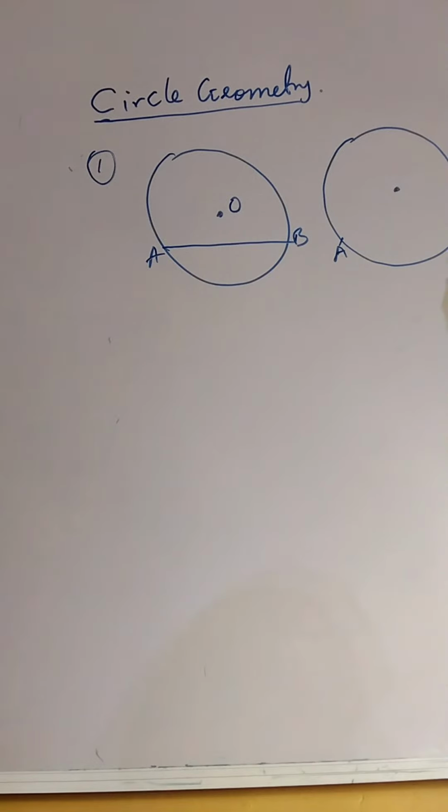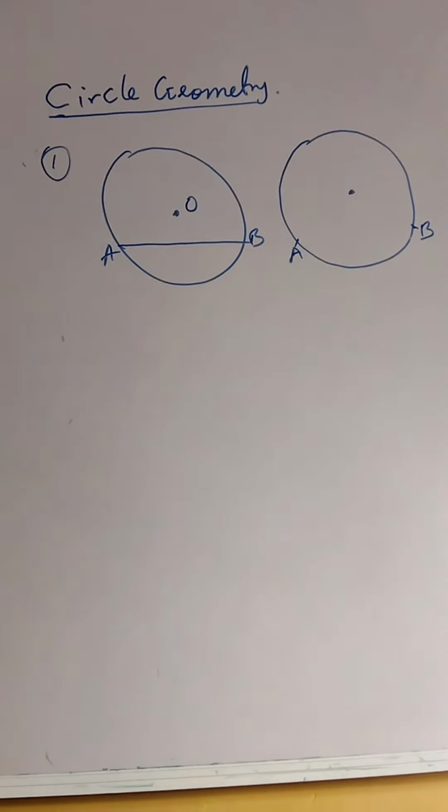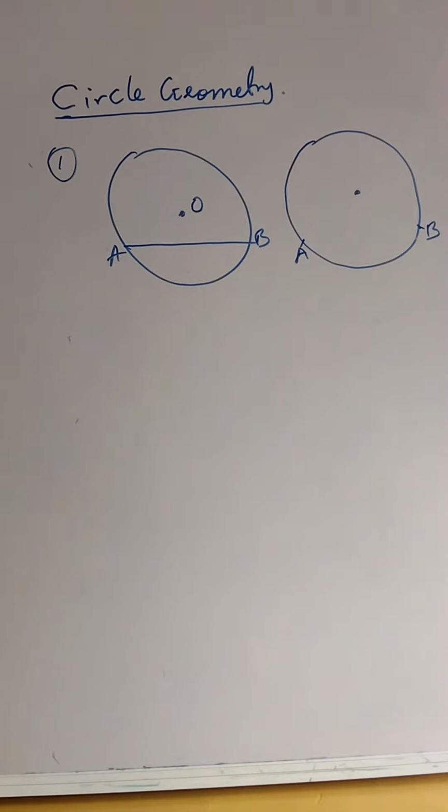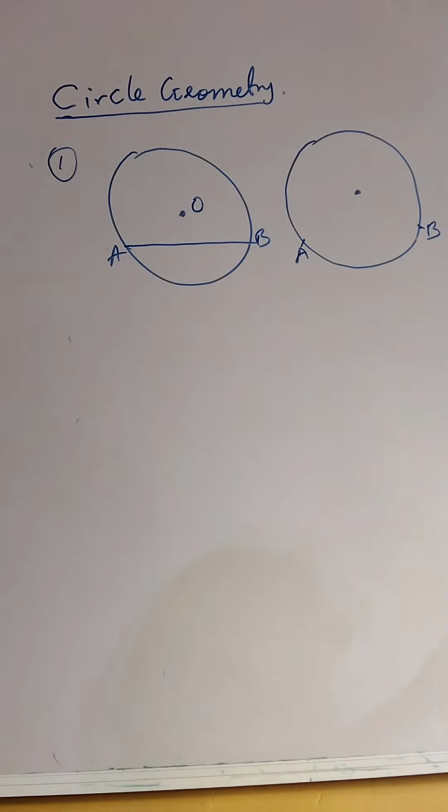So when we talk about circle theorems, we can use either a chord or an arc. So both serve the same function. We have a circle center O with a chord AB or an arc AB.